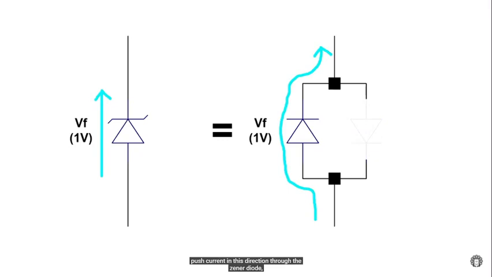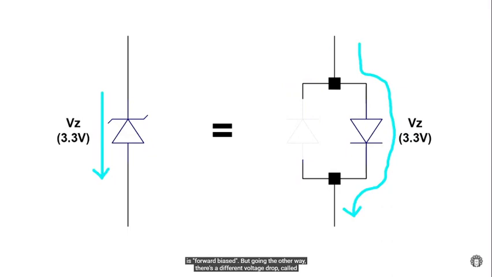When you try to push current in this direction through the Zener diode, there's a forward voltage drop that's typically around 1 volt. The diode won't even turn on and allow current to flow unless you have at least 1 volt. And when the Zener is on in the forward direction, we say it's forward biased. But going the other way, there's a different voltage drop, called the Zener voltage, or VZ.